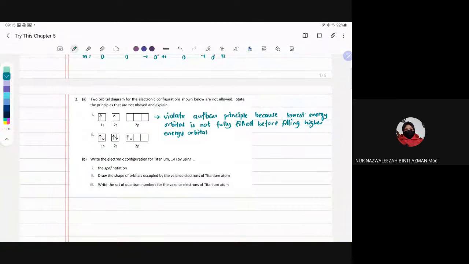Violate rule apa? Aufbau ke, Pauli ke, Hans rule? Which one does it violate? Hans, betul. So violate Hans rule.